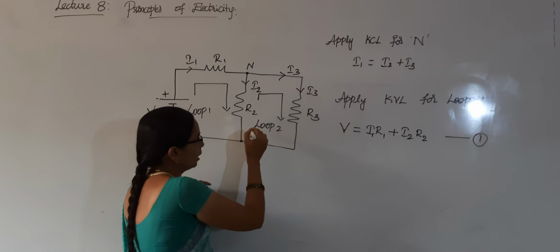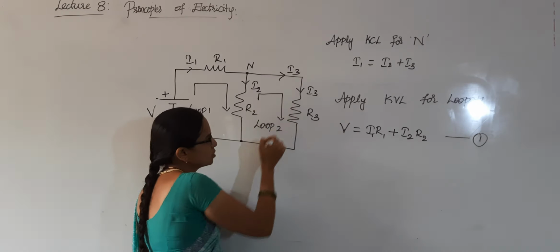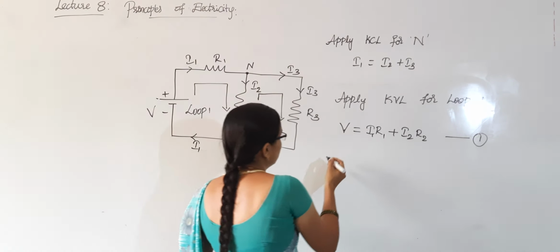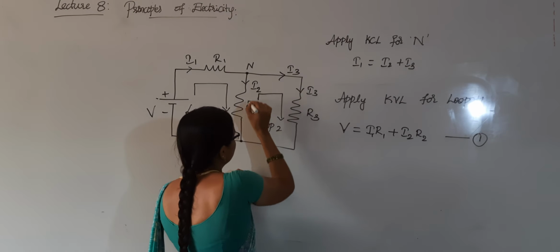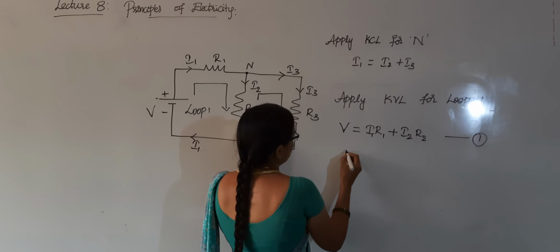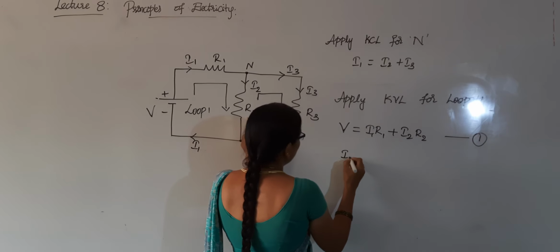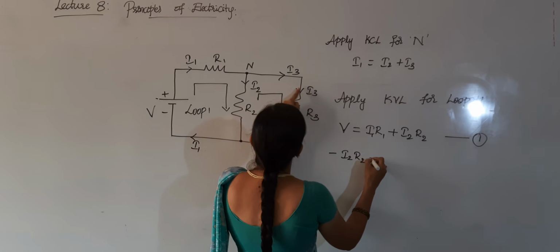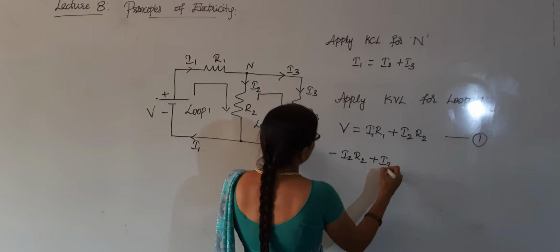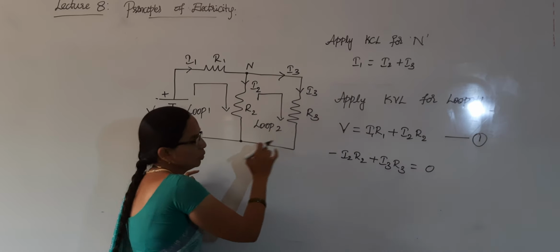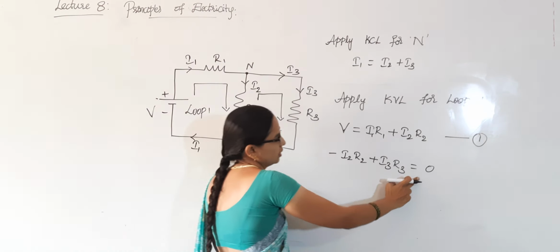Now if I apply Ohm's law and KVL for this loop, first we will find R2, that will be minus I2 R2 plus I3 R3 is equal to, there is no voltage source in this loop, so I will consider that as 0.